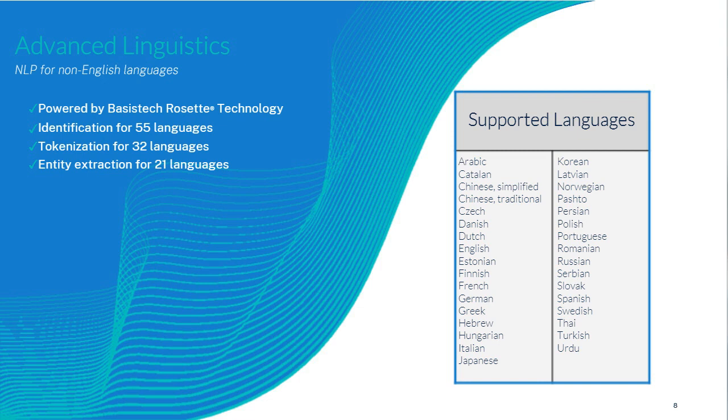So if you have any deep requirements that say, I must have the best foreign language analyzers and I must have them today, this capability was made possible by our partnership with Basis Technologies. It supports over 55 languages for identification, as well as 32 languages for analysis and tokenization, a whole suite of languages for you to be able to turn on and use within Fusion 5 and access right away.